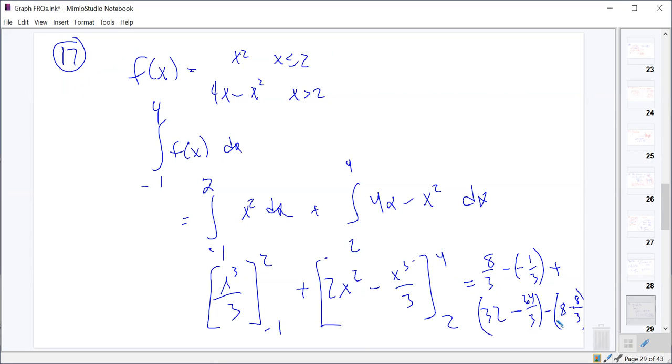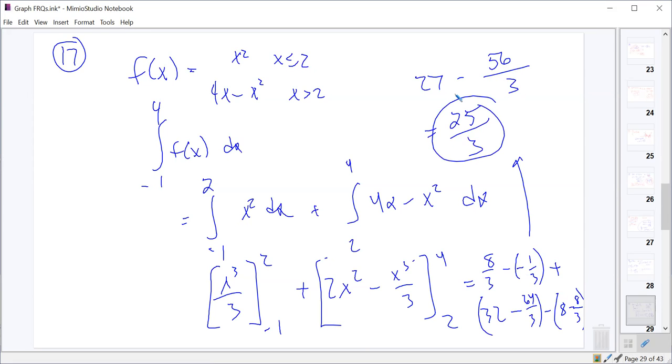And then you simplify. What is that? 9/3 is 3. 35 minus 8 is 27. Minus 64/3 plus 8/3, so minus 56/3. That's 81 minus 56, which is 25/3. Good or no? Any questions there on 17?